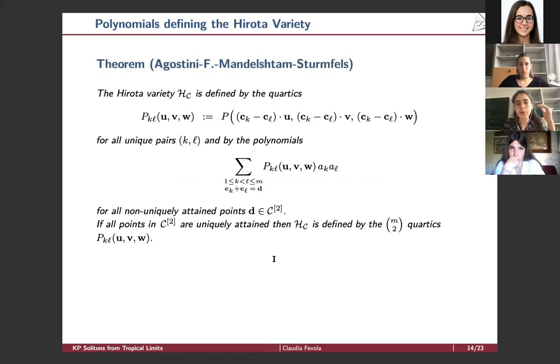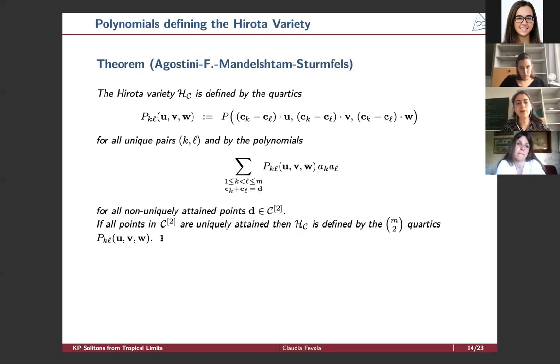And in this theorem, we describe the polynomials generating the iota variety. So we have this polynomial pKL anytime that we have a unique pair, KL, and by polynomials of this shape, where we sum over all the indices that give us the element L. So depending on how many times the element D in C2 is attained, we get as many sums in this polynomial.